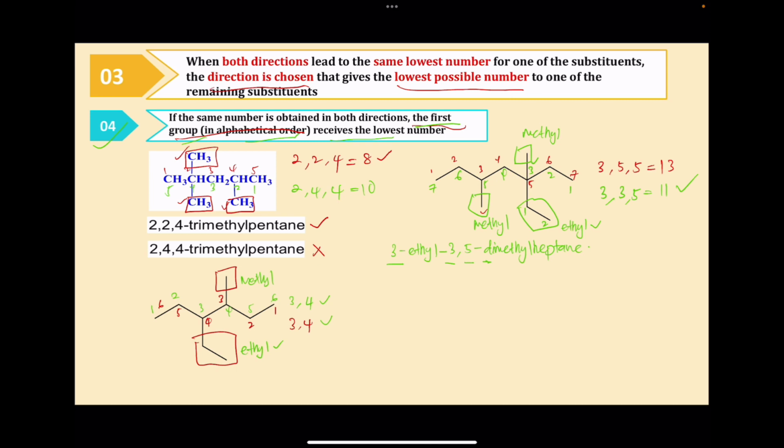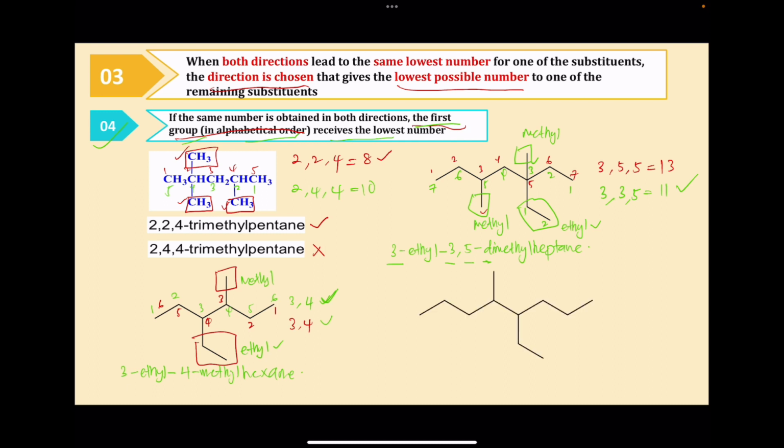So then, following the green route, we can name this compound as 3-ethyl-4-methylhexane. Because there are 6 carbons, the longest chain is 6, so the parent name is hexane.